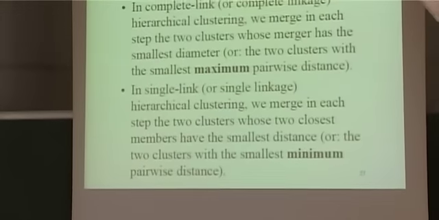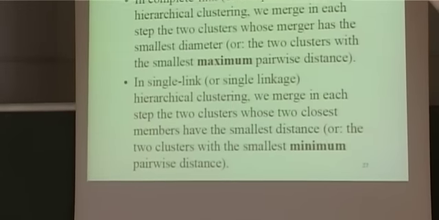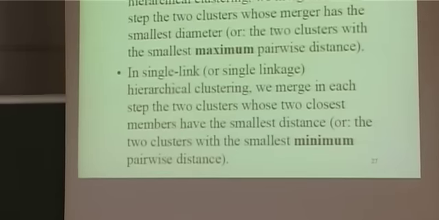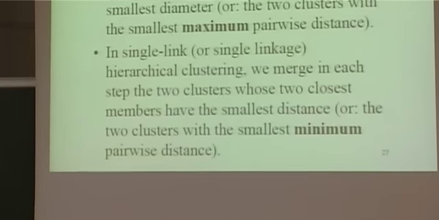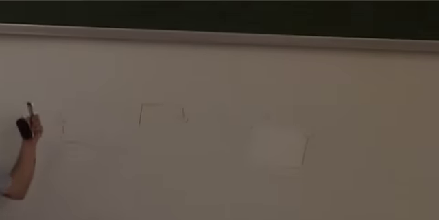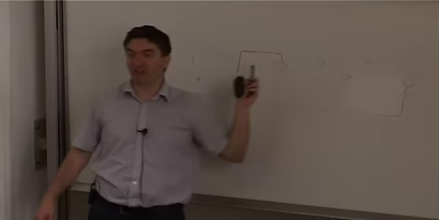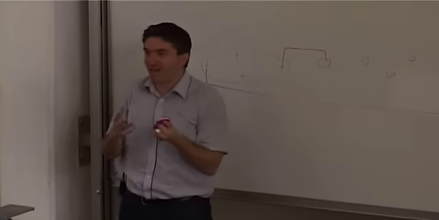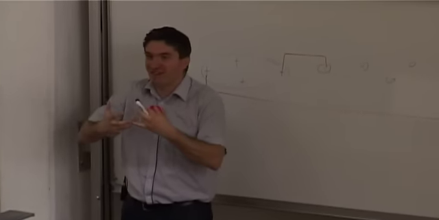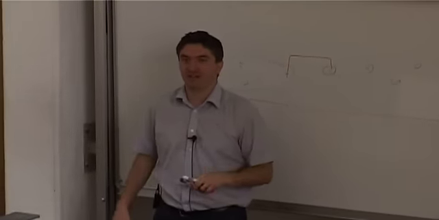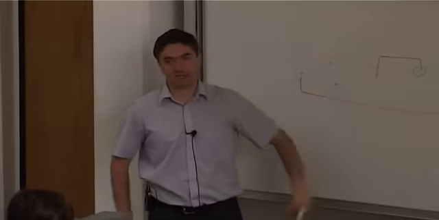In single linkage clustering, we merge in each step the two clusters whose two closest members have the smallest distance. So it's like they stick to each other. If we have clusters like this, no matter how far some members are, these two clusters are stuck together, so that's the thing in single linkage clustering.